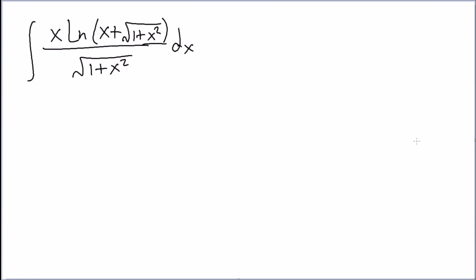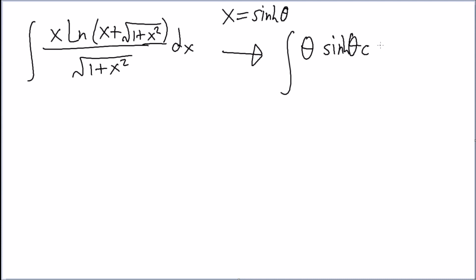Alrighty, our last integral is this. Awesome. So I immediately see ln. Okay, we know this is a hyperbolic trig sub. So let x equal sinh theta. So now we can convert this, and this is simply theta sinh theta cosh theta, right?